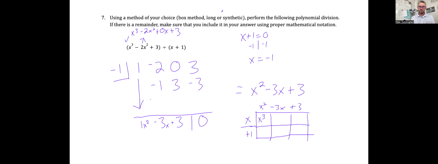X times x squared times 1 is x squared, negative 3x. So x is negative 3x squared. If I combined those, negative 3 and positive 1, I would get negative 2x squared. That's good news, right? 3 times x is 3x. 1 times negative 3x, negative 3x. Those would cancel off, which is why I have a 0 term there. And then 3 times 1 is positive 3. So I'd say the box method can confirm your work, right? But it wouldn't be how I would start the problem with division.